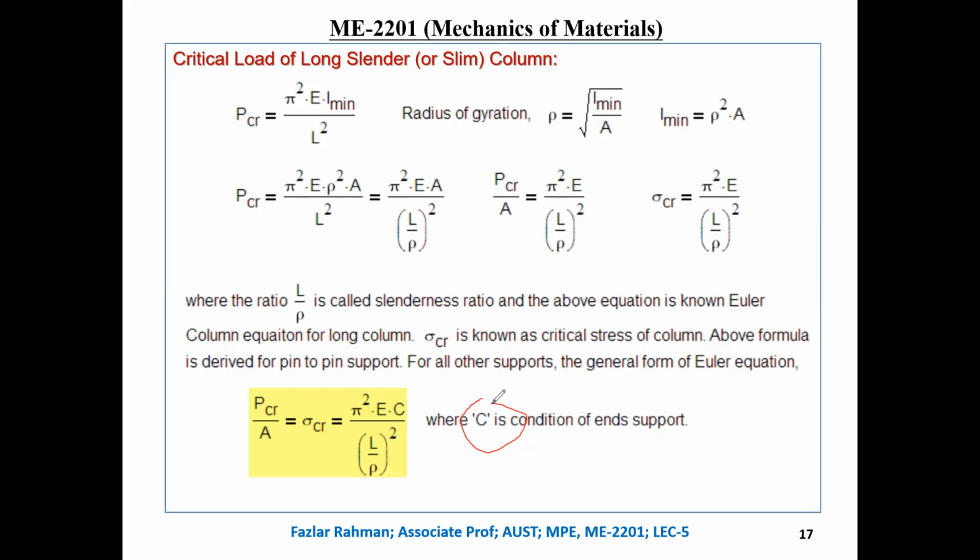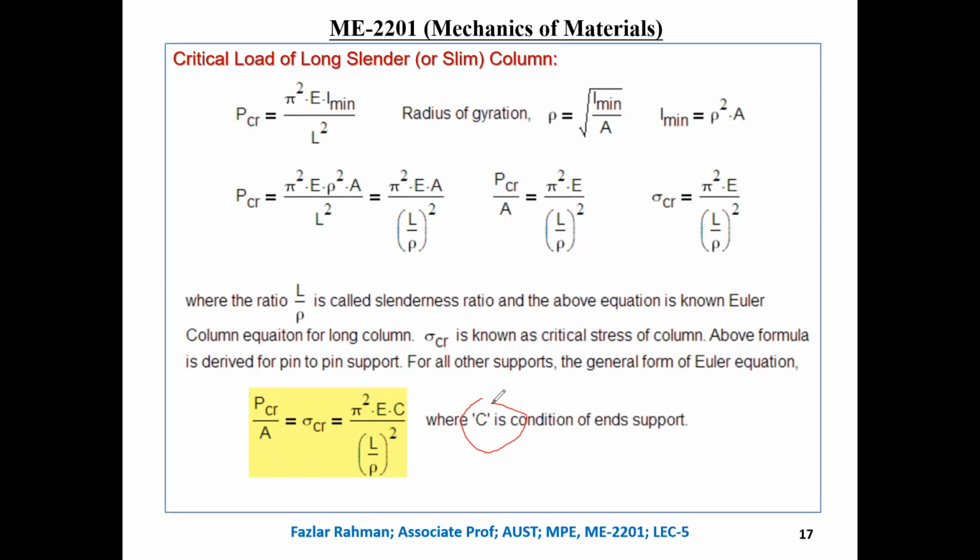But if you have a shoe or boot on your feet, you can even take 3 bags on your head. Why? There will be no slip between your feet and the ground. That means the load on a column depends on the end condition. If the end condition is very strong, then the column will carry more load. You understand? Yes, sir.